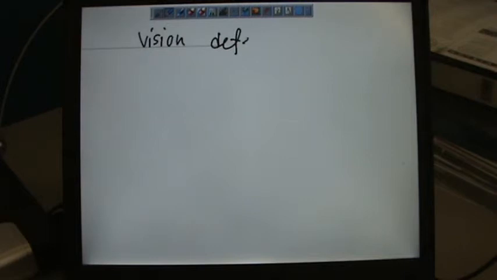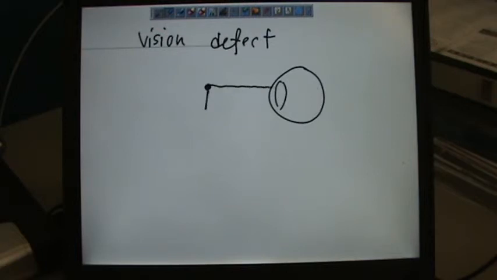When we say vision defect, it means there are certain people who can't see certain images well. For example, if this is an eyeball and the lens here, a near object can be focused on the retina quite well.